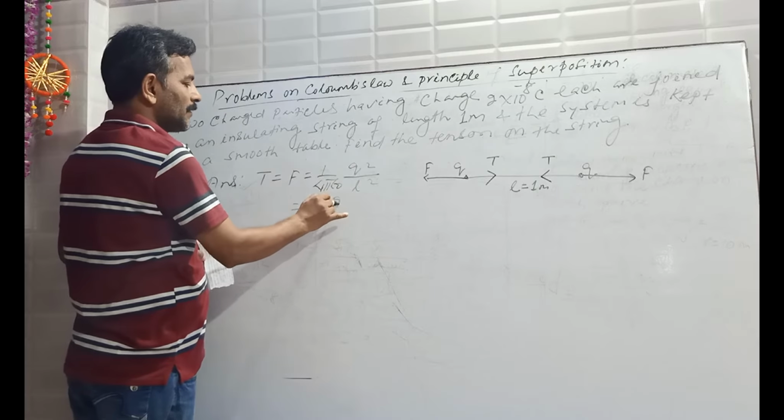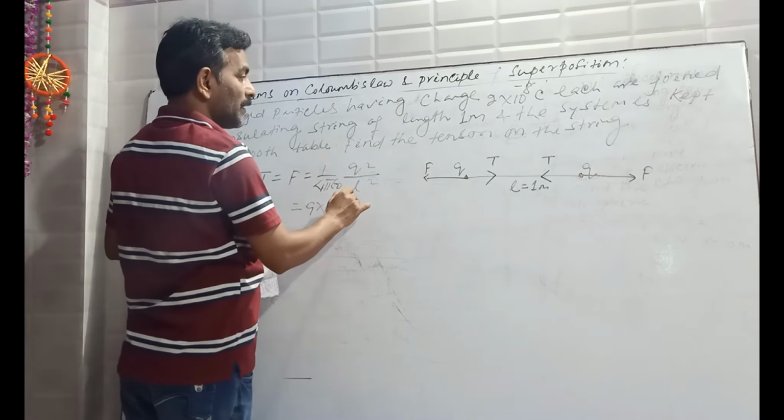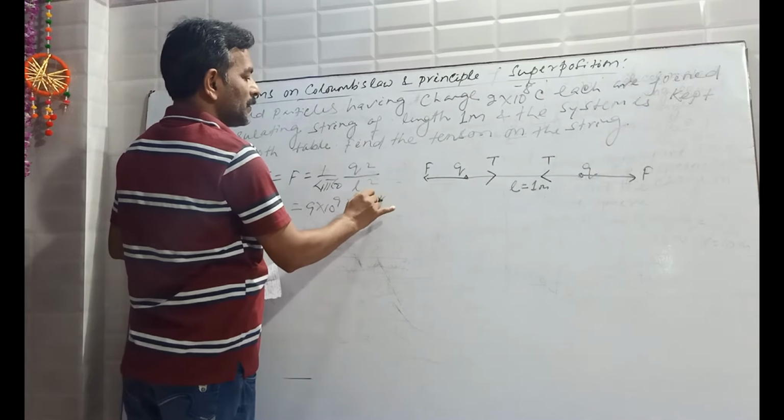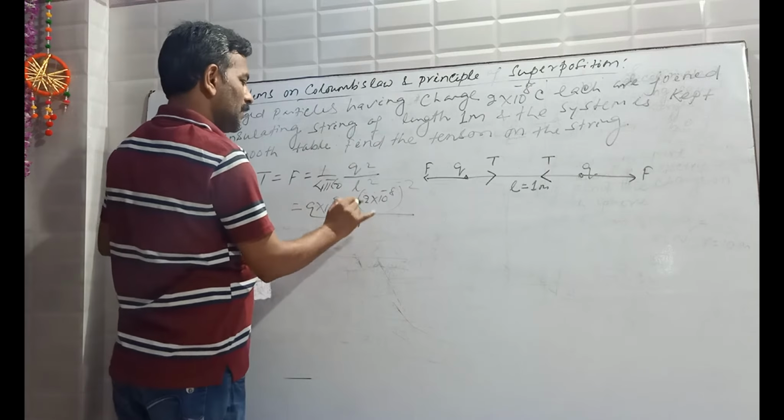So what are you getting? 9 into 10 to the power 9, Q is 2 into 10 to the power minus 8, squared, by 1 square, 1.